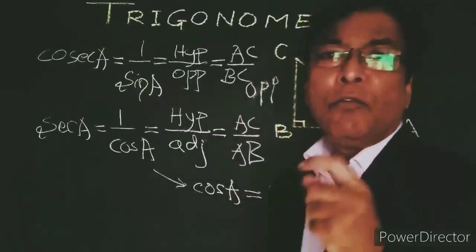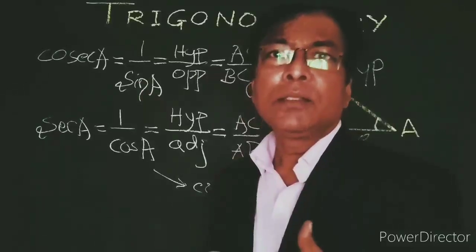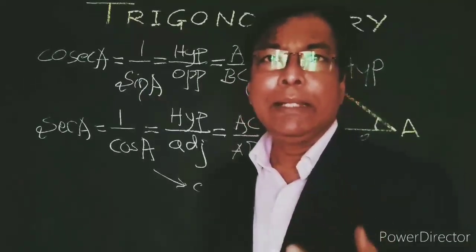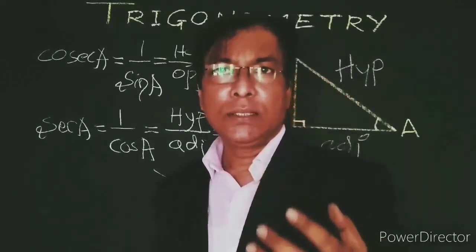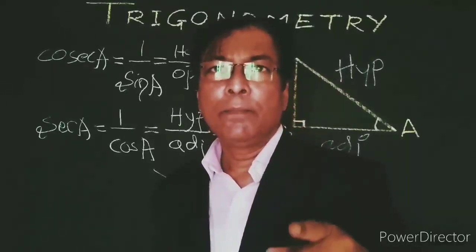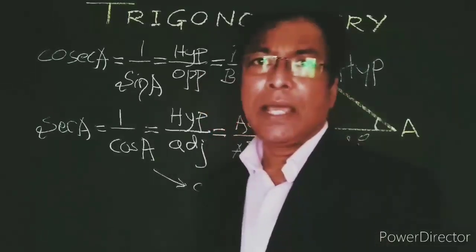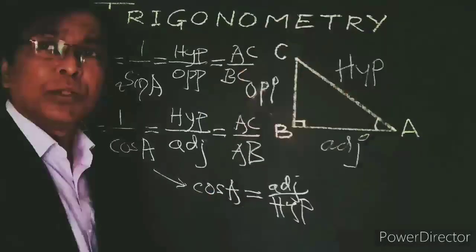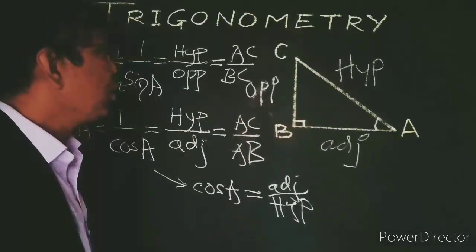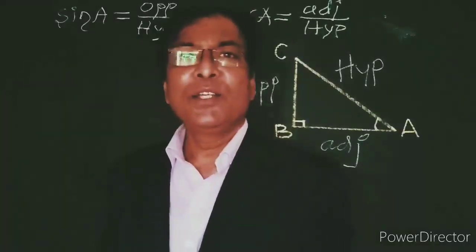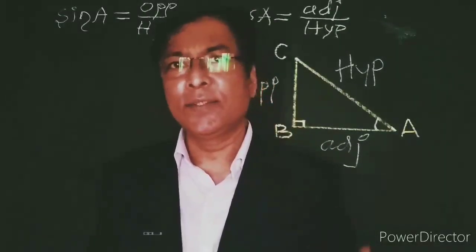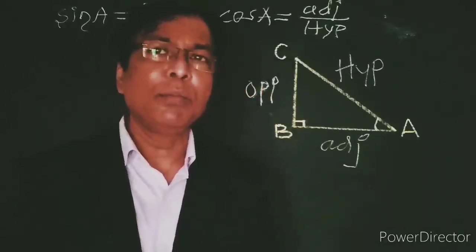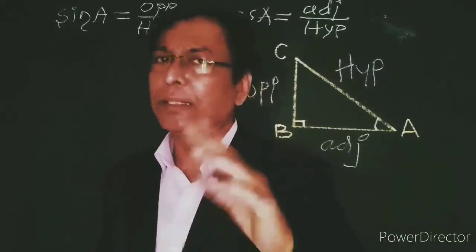We should be very thorough, because the whole of trigonometry depends upon these 6 ratios: sine, cos, tan, cot, cosec and sec, and we should know their ratios also. Now I will tell you how to remember all these 6 trigonometric ratios. We have to remember only 2 ratios, sine and cos.